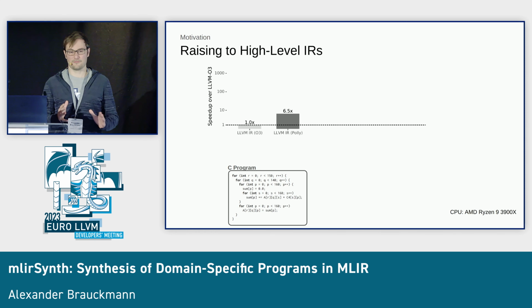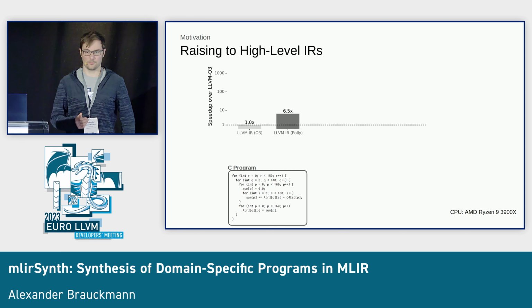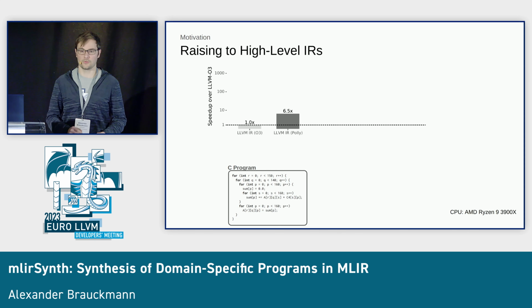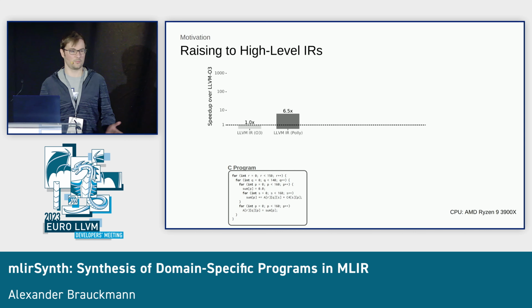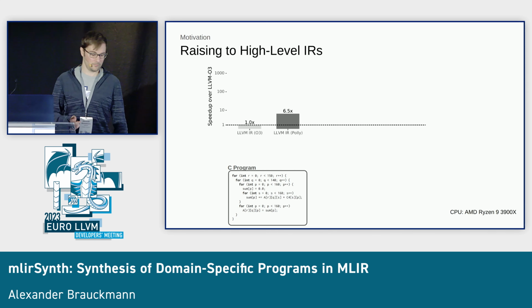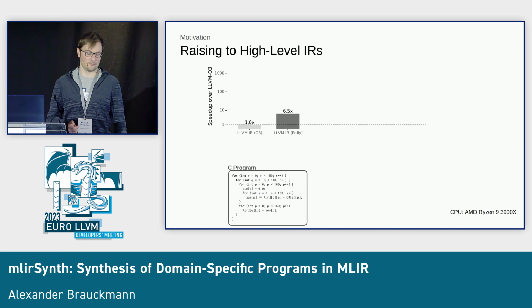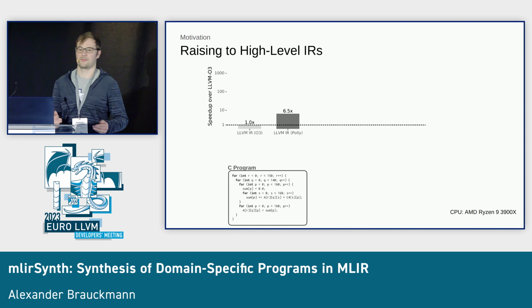Given we have this C program that's just some loops, and we want to compile it to be really fast. We could compile it with LLVM O3, and it will give us a base performance, 1.0x.